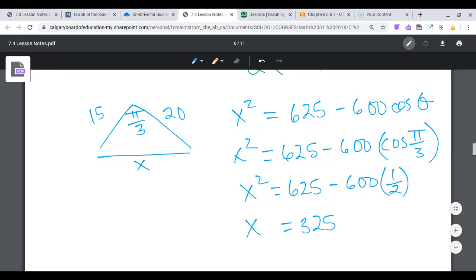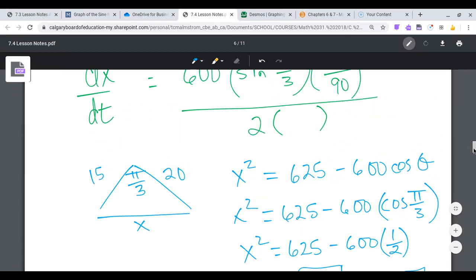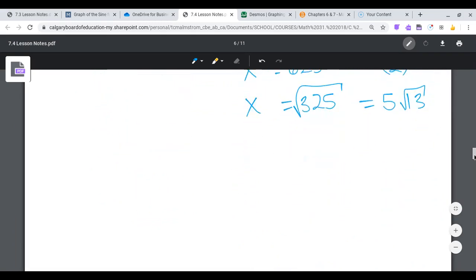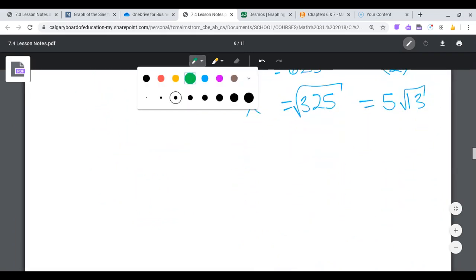And so to find the x value, I want to take the square root of this, and that tidies up to 5 square root 13. So now I know that this value on the denominator needed to be 5 root 13. And now the calculus and everything is done. The last part is to tidy up our answer.